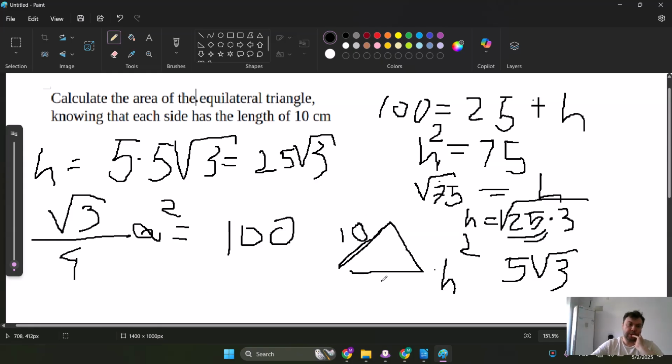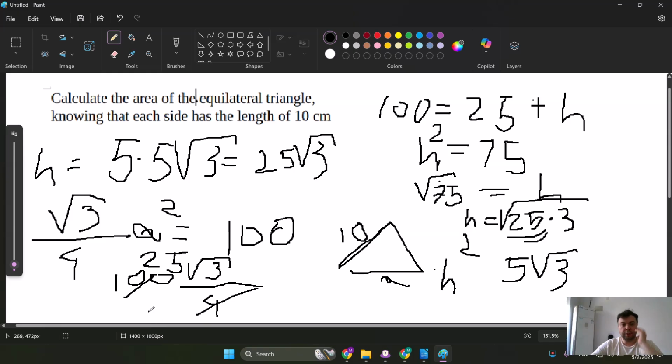Each side is represented as a. So we need to multiply 100 times square root 3 over 4. And look, we can simplify 4 and 100, and it will also be 25 square root 3. So we have the same answers.